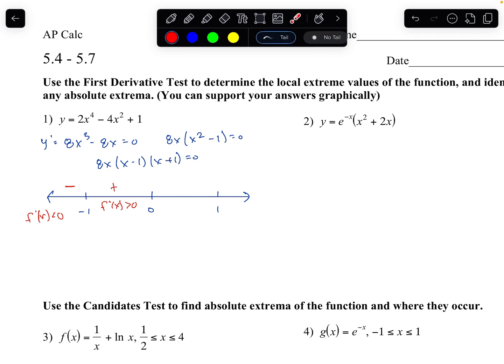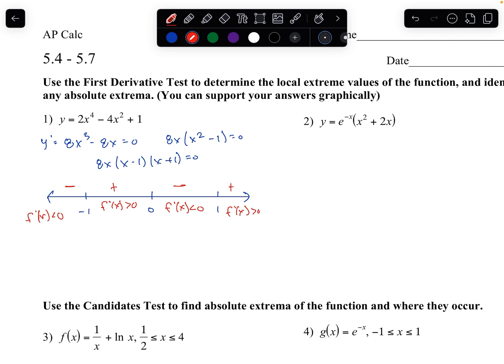If I plug in 1/2, that's going to be positive, negative, positive. So altogether, it's going to be negative, so f prime of x is going to be less than 0. And if I plug in 2, that's positive, positive, and positive. So f prime of x is going to be greater than 0, positive.